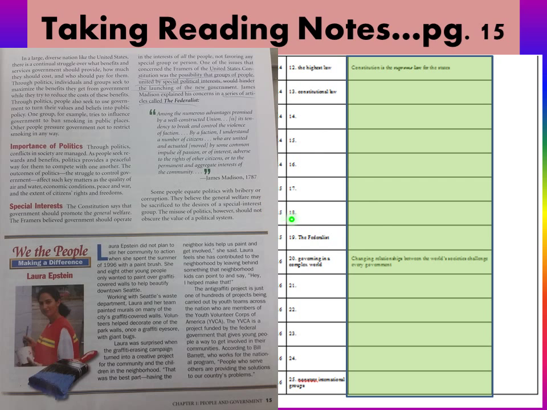Okay, for 18, you have special interests. What are special interests? If you put something like people that differ from the general welfare, people that want things for themselves that don't necessarily improve the general welfare of all people, that's special interests.